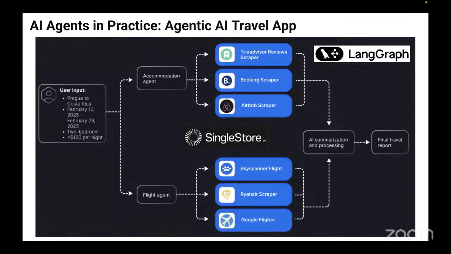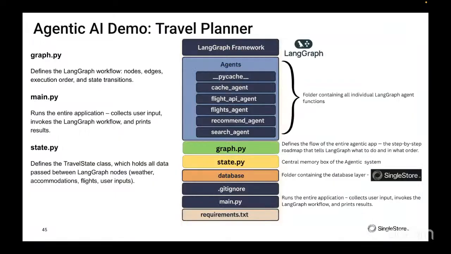The accommodation agent will go to all the booking websites to find the proper accommodations, and the flight agent will go to the flight websites to find the proper flights for the user depending on his user input. And there is a summarizer agent that gives you the final report. All right, so we are using LangGraph here. So this is a simple AI agentic demo planner.